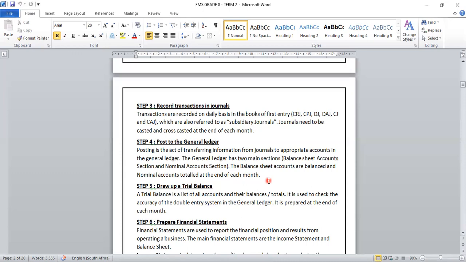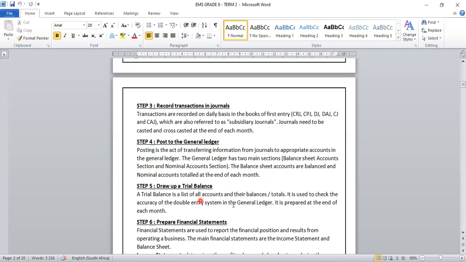We move to step 5, which is to draw up a trial balance. A trial balance is a list of all accounts and their balances, all totaled. It is used to check the accuracy of the double entry system in the general ledger. It is prepared at the end of each month.